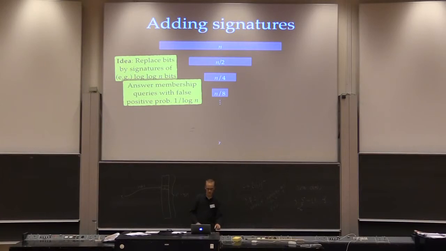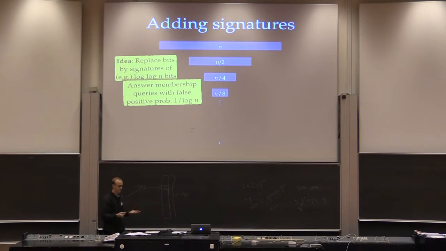So one thing this is going to give us is actually membership queries. Like Michael talked about yesterday, Bloom filters give us membership queries with some probability of false positive. So if you think about this data structure, what happens is that we go down until we find a signature of something that may be the key that you are looking up, or it could be some other key.